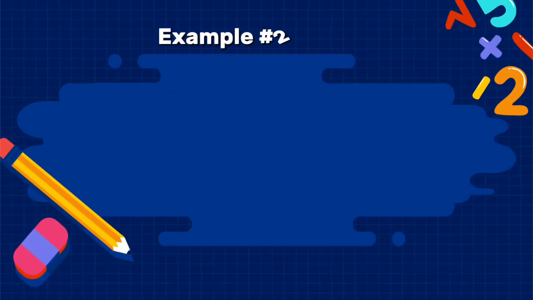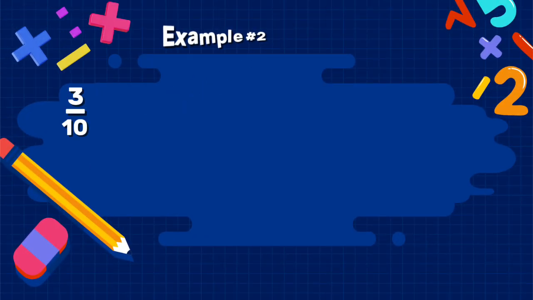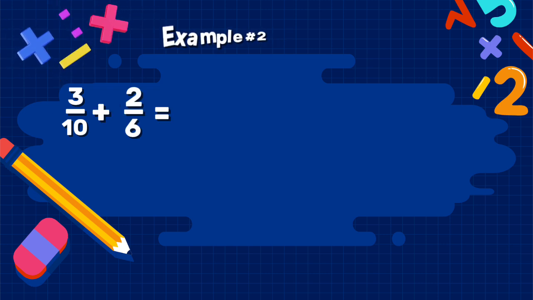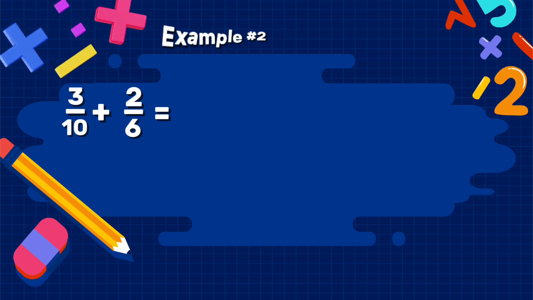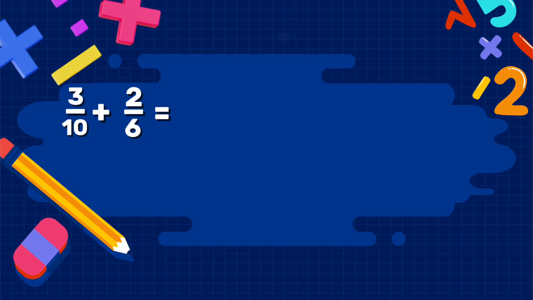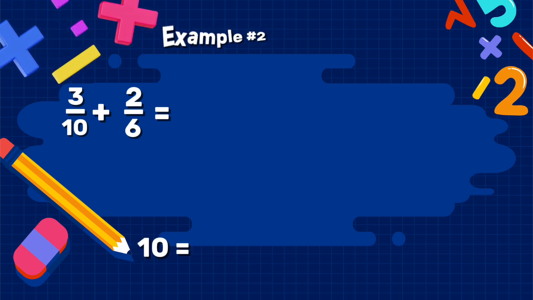Let's try another one and move on to number 2, where we have 3/10 plus 2/6. So the first thing that we want to do, we need to find a common denominator. So let's write out the multiples of 10 and 6. We'll start with 10.